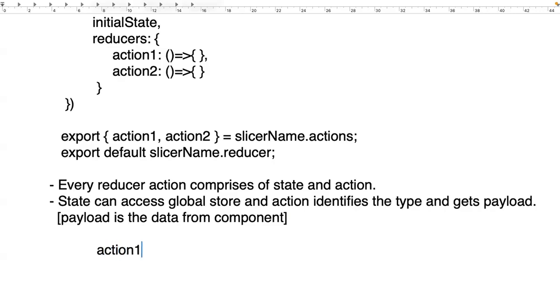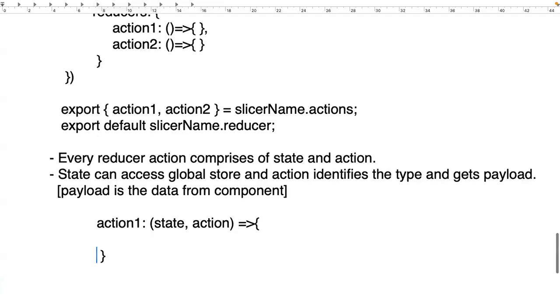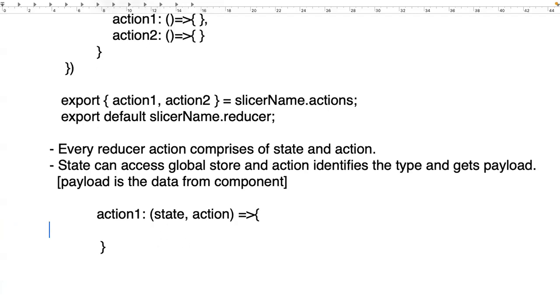So in action one, we have state and action. State dot data we have to update with action dot payload.